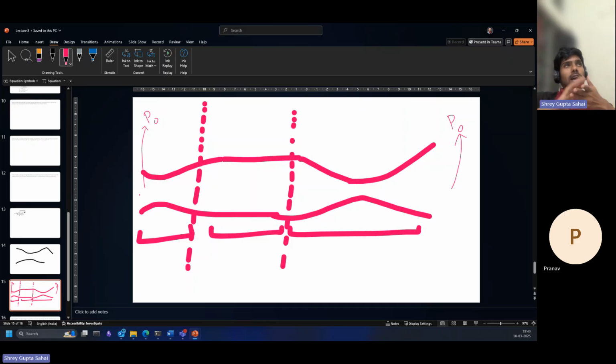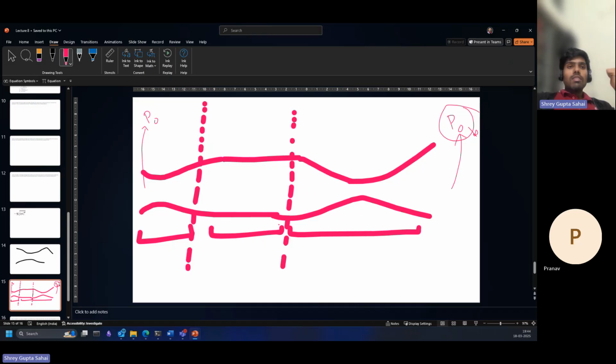Basically, anything flows from a place of high energy to low energy, or high stagnation pressure to low stagnation pressure. So there will be no flow if this is kept. You have to decrease this stagnation pressure. You have to have some losses for the flow to happen, right?